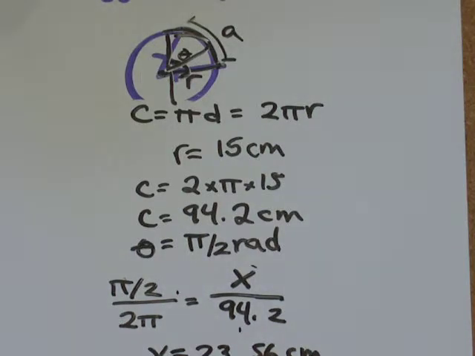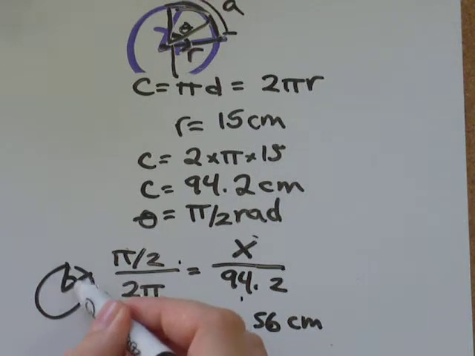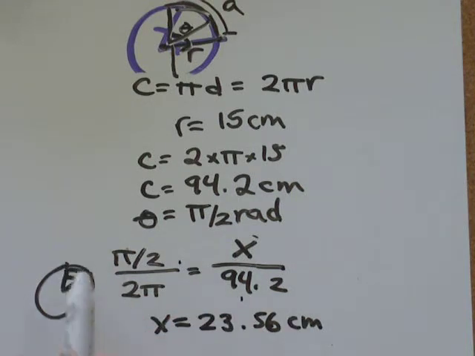So what that tells us is if we know that we have pi over 2 of the circle as our angle, then we know that 23.56 centimeters is the arc length that angle is measuring.